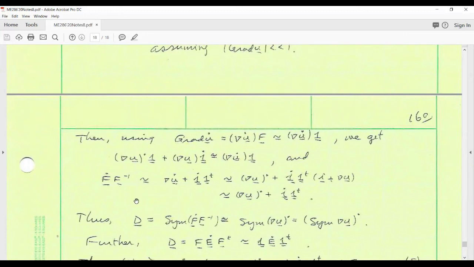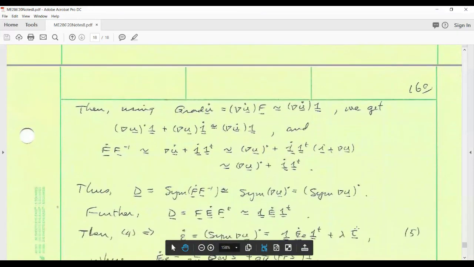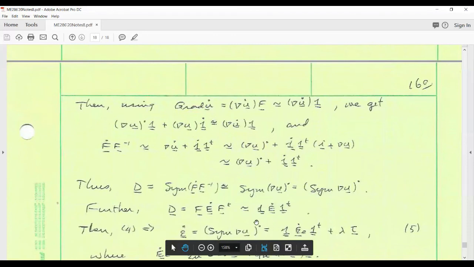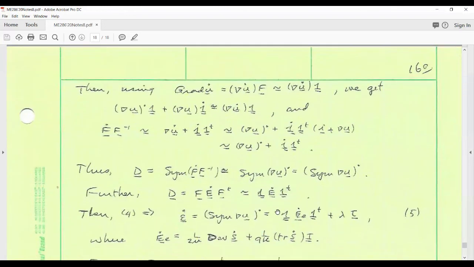We take the symmetric part to get D. We get the symmetric part of the dot of grad U, which is the dot of the symmetric part of grad U. So we've approximated, and if we then note that D is approximately what we need on the left-hand side of our strain decomposition, then we can approximate this by the dot of this symmetric part of the spatial displacement gradient. In other words, the dot of the infinitesimal strain.